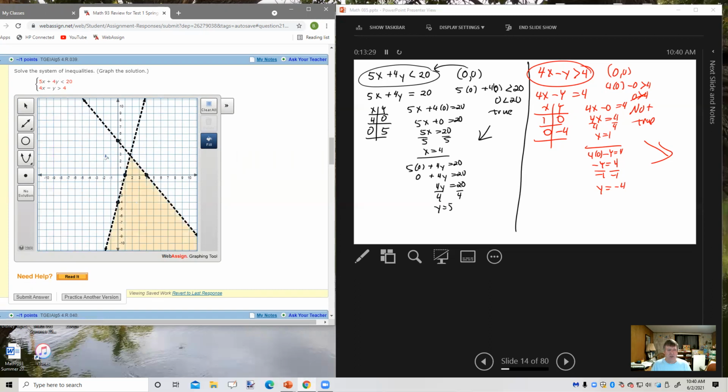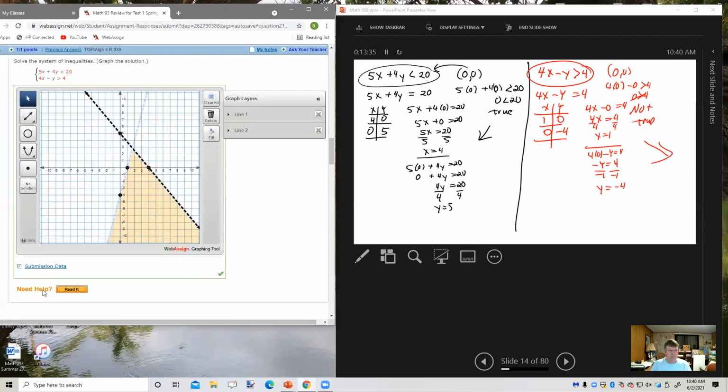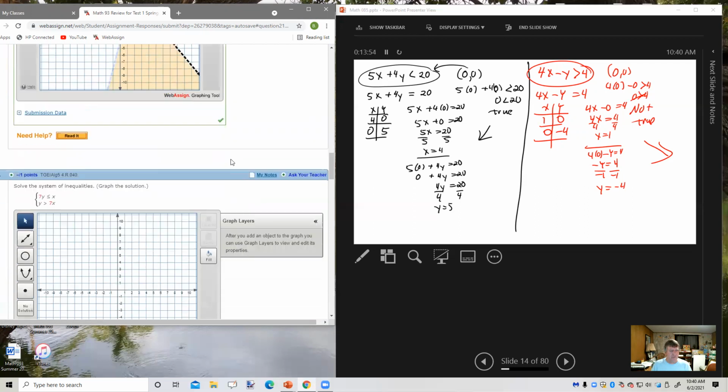That's the area that's shaded for both of them. Let's see if that's correct. And it is. So we basically did the same thing in this problem that we did in the other problem, but we did it twice for two different inequalities. Then we found where they overlapped, and that's the part that we shaded. So that was pretty much section 4.5.